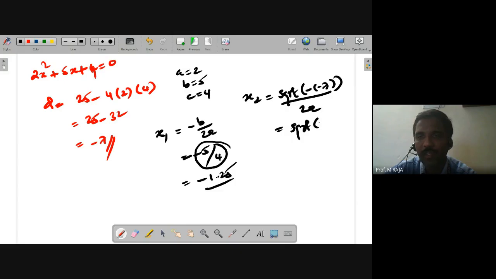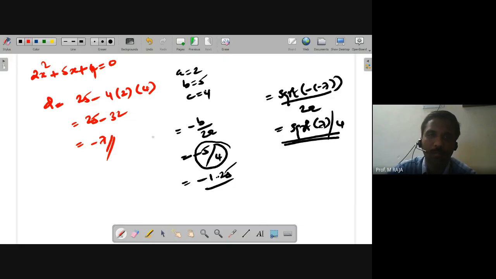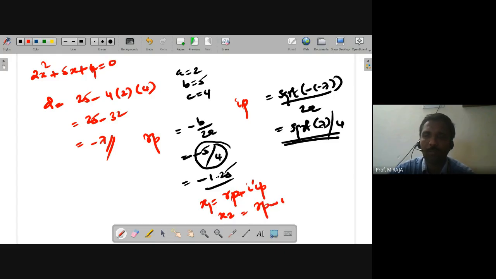So we need to evaluate square root of 7 by 2a, where 2a is 4. This is the real part. This is the imaginary part. And we need to print the result. x1 is equal to real part plus I into imaginary part. x2 is equal to real part minus I into imaginary part, where I is equal to square root of minus 1.